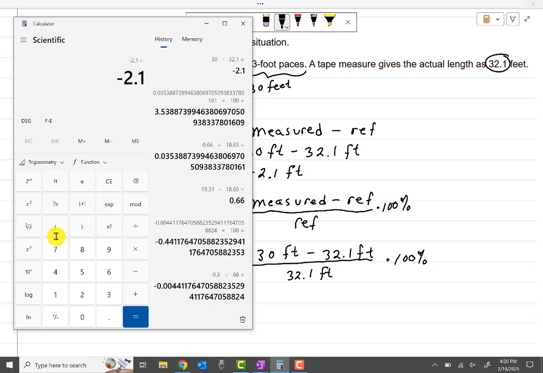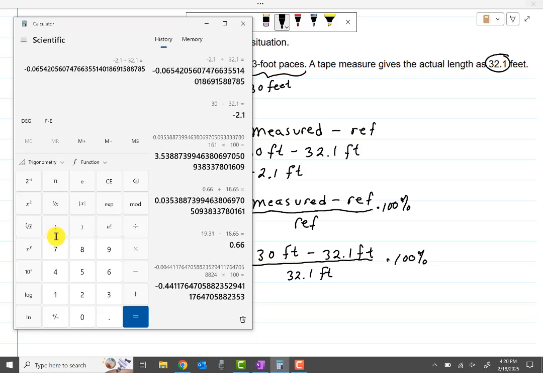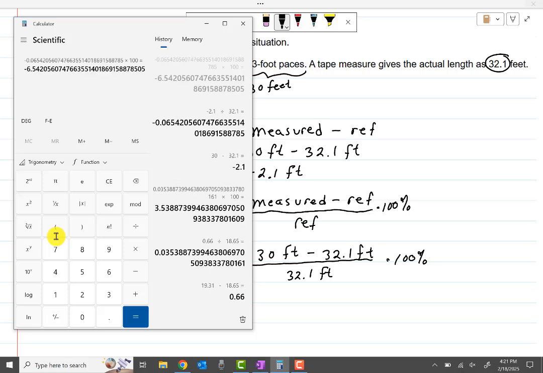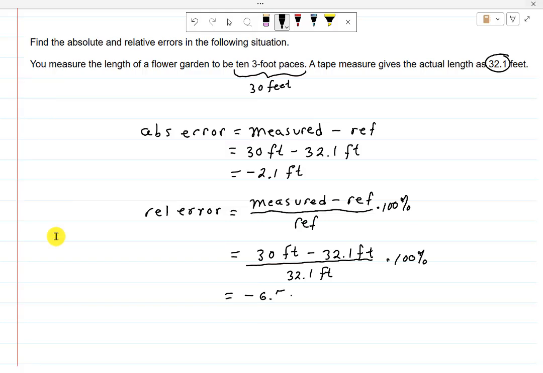Divide 32.1 equals, and now multiply by 100. And it looks like negative 6.54%. So there's my absolute, there's my relative.